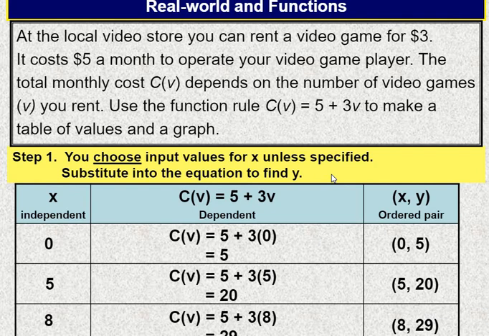Now, if we take another example, it's actually a problem from real life, real world problems. And we choose the same, we choose the values of x, and then we substitute x and get the values of y, and then graph it, okay?